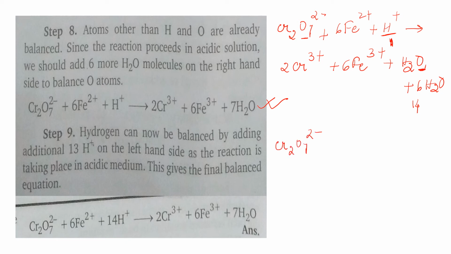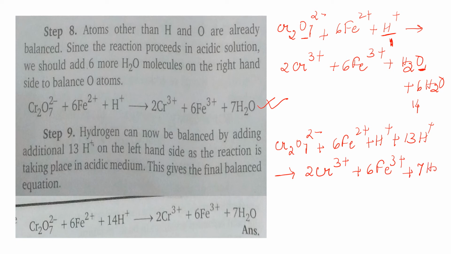Cr2O7 2- plus 6Fe2+ plus H+ plus 13H+ is giving you 2Cr3+ 6Fe3+ 7H2O.